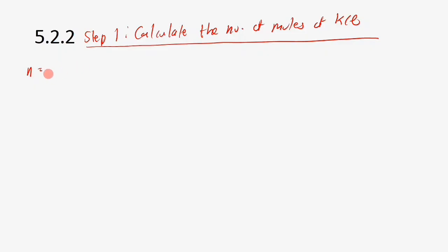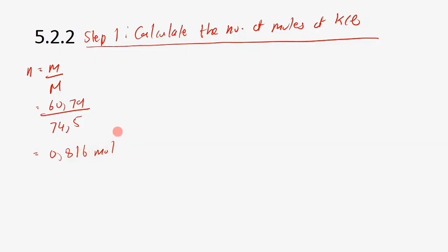So n is equal to m over big M. And then what is our mass here? Our mass we're given to be 60.79, and then divide that by the molar mass of potassium chloride, which is 74.5. So if we calculate this, we will have a number of moles of 0.816 mole, right?